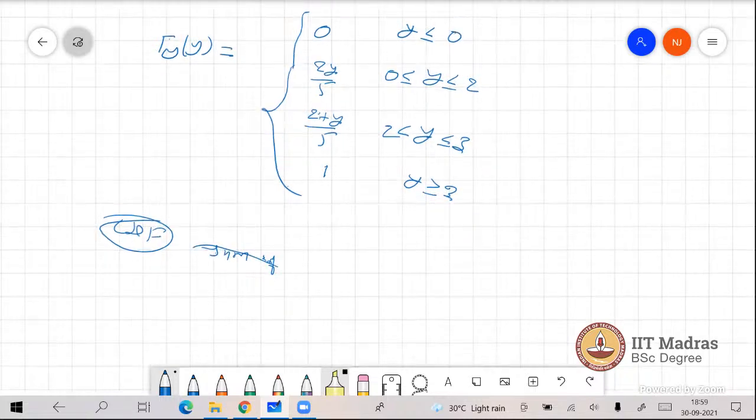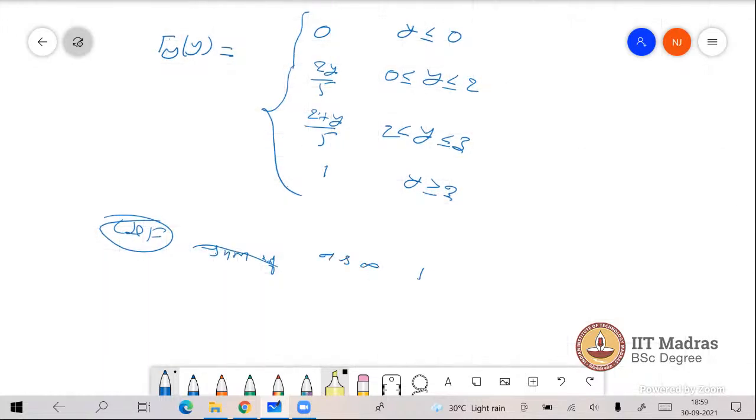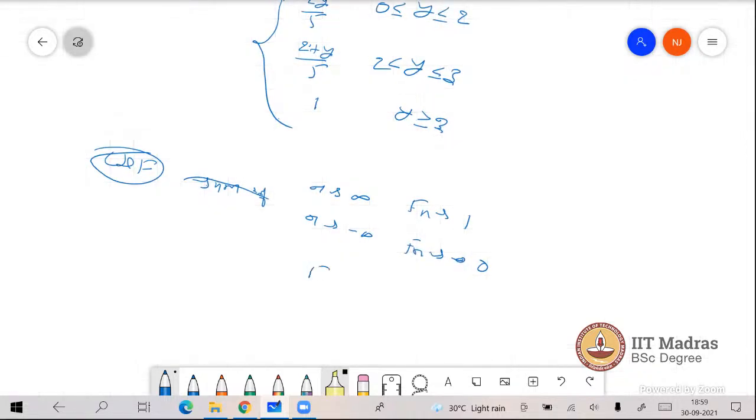Sum to 1 means that when x tends to infinity, F of x tends to 1. When x tends to minus infinity, F of x tends to 0. And F is non-decreasing.